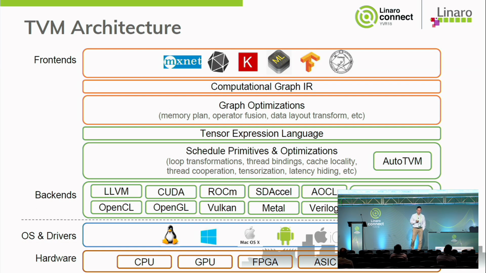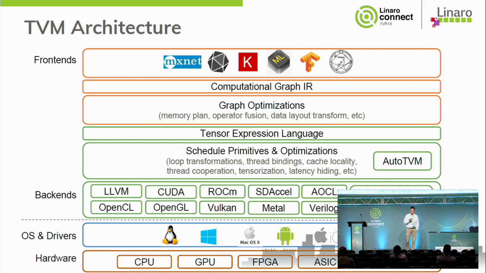This diagram is about the TVM architecture. For deep learning, we need to support different kinds of hardware and heterogeneous accelerators. TVM can now support a lot of hardware: CPU, GPU, FPGA, and there is some plan to enable ASIC support, and there is a simulator to verify your hardware design.